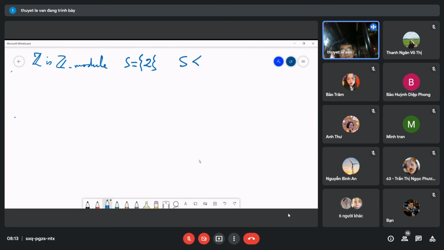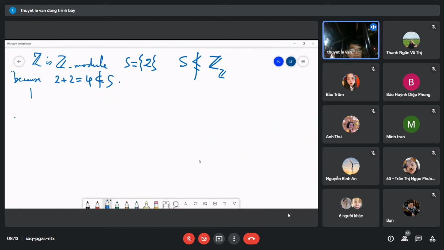S is not a submodule of Z, because, for example, if you take 2 plus 2, which is equal to 4, it is not in S.